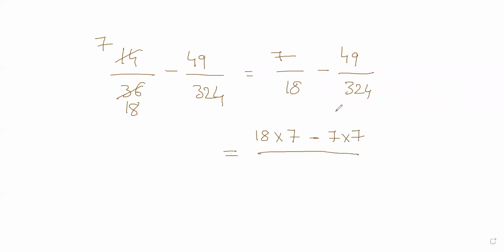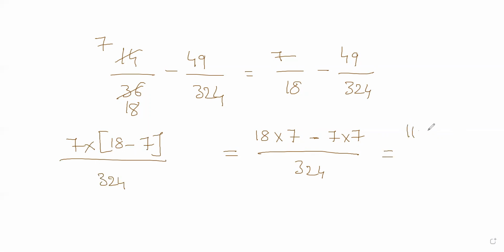I will not multiply. Let me take 7 as common out of these two. So I get 18 minus 7, a beautiful number, divided by 324. 18 minus 7 is 11, so it is 11 times 7 divided by 324. 11 7s are 77 divided by 324. Hence our answer is 77 by 324.